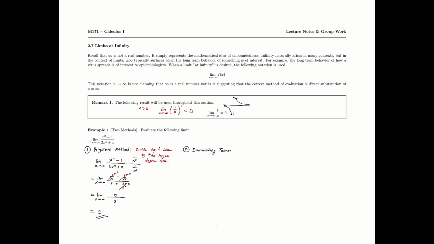What we want to do for these dominating terms, especially when we have a fraction, is look at what the top is doing and look at what the bottom is doing, sort of independent of one another.